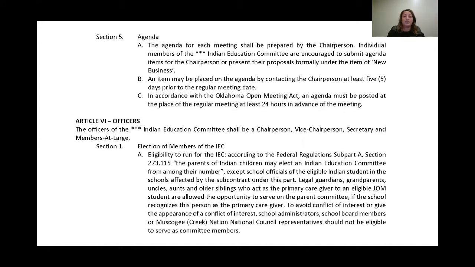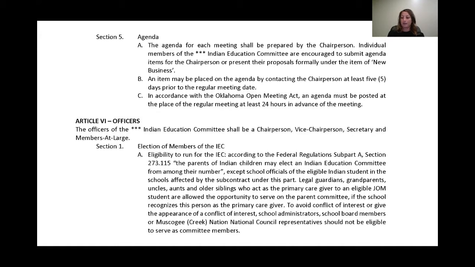Article 6 is officers. The IEC officers include the chairperson, the vice chairperson, secretary, and members at large. Section 1 is over the eligibility and non-eligibility. Those who can be elected are parents, guardians, non-legal guardians of Indian students, and also teachers and students.